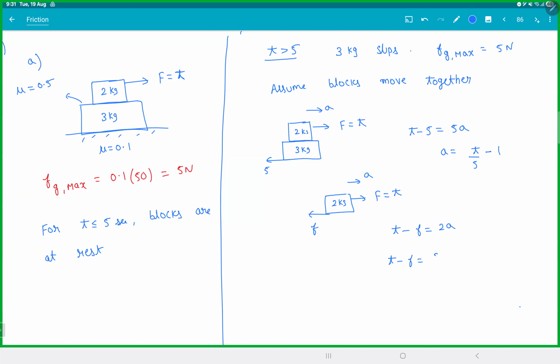T minus F will be 2 into (t by 5 minus 1). So F will be 3t by 5 plus 2. And this should be less than or equal to 0.5 into 20, that is 10. We are getting t is 40 by 3 seconds.